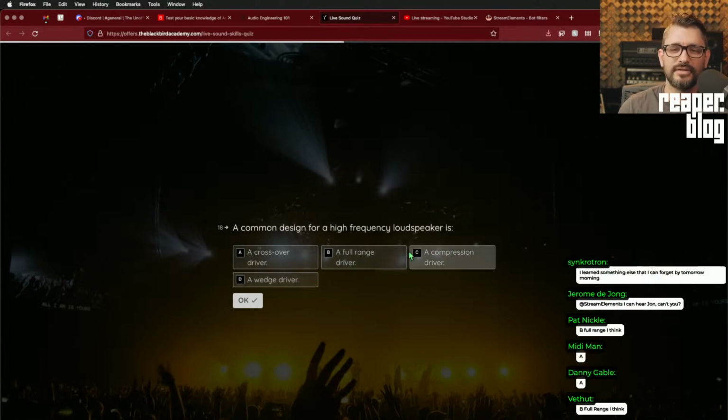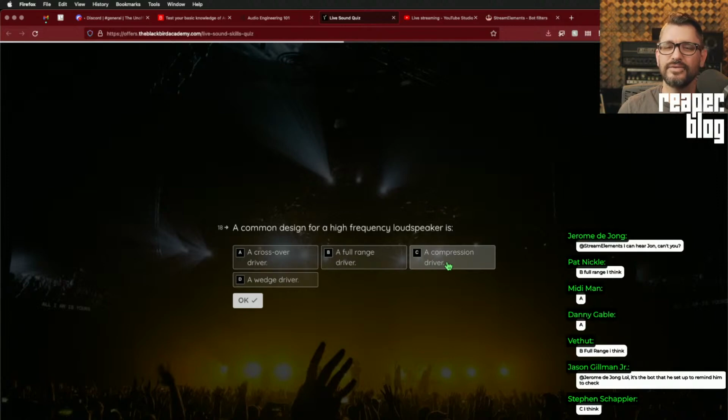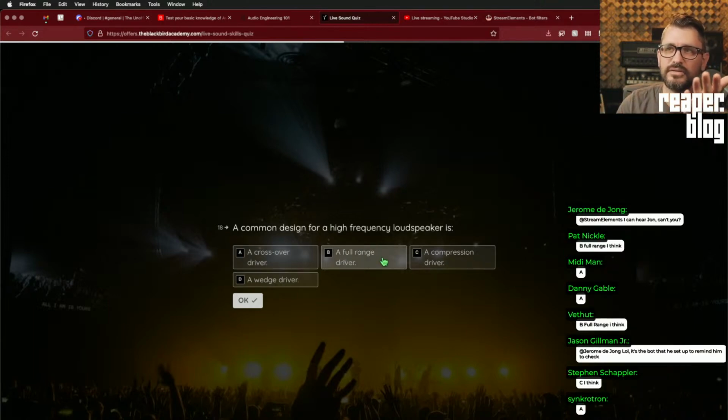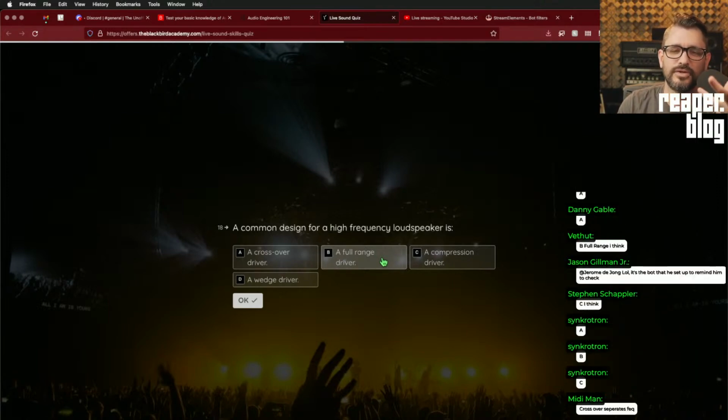Compression driver, that might be a term that I don't know, but I think that's also fake. Crossover, I always think of as a separate component. And then full range driver is a single speaker doing all of the sound. So I know it's not B. Crossover separates the frequencies from your woofer and your tweeter. I would expect to see tweeter here, right?